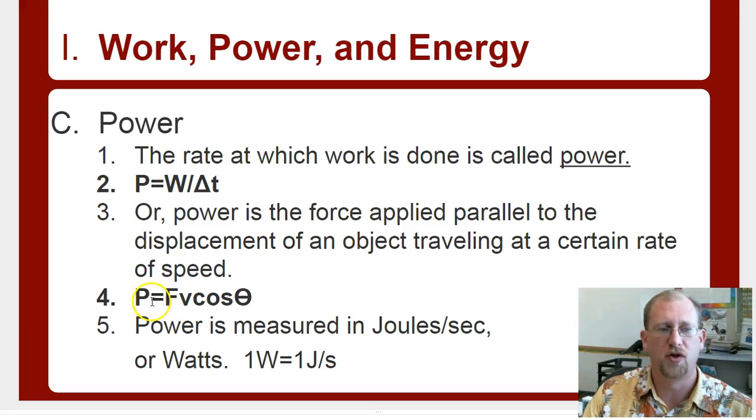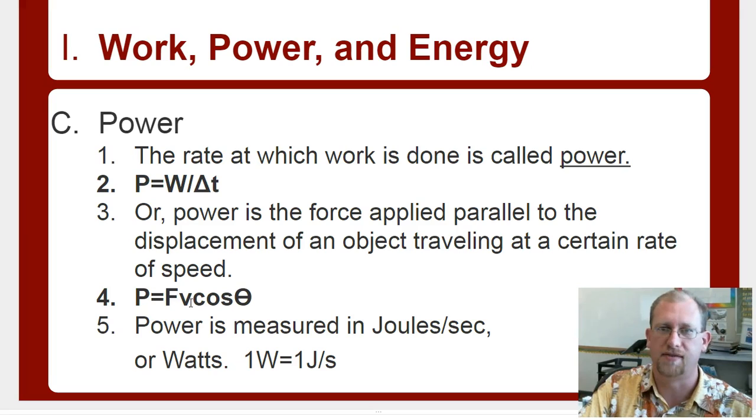And so you could look at that as power is the force applied along the displacement, so that's the cosine theta, at a particular velocity, or to achieve a particular velocity. And so you could also have this equation. These two are essentially synonyms. They mean the same thing. Use whichever one is more convenient for the circumstances you've been given.